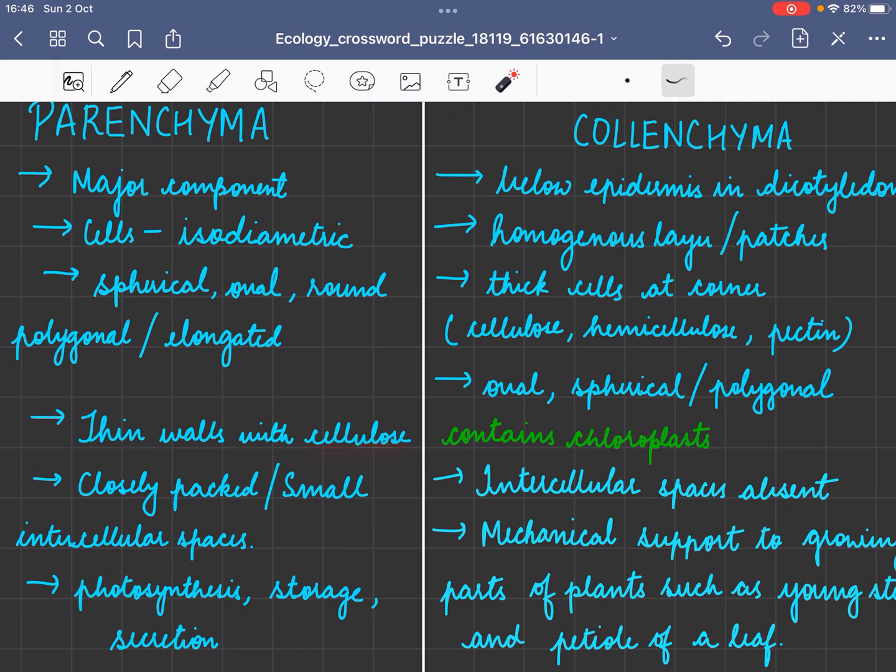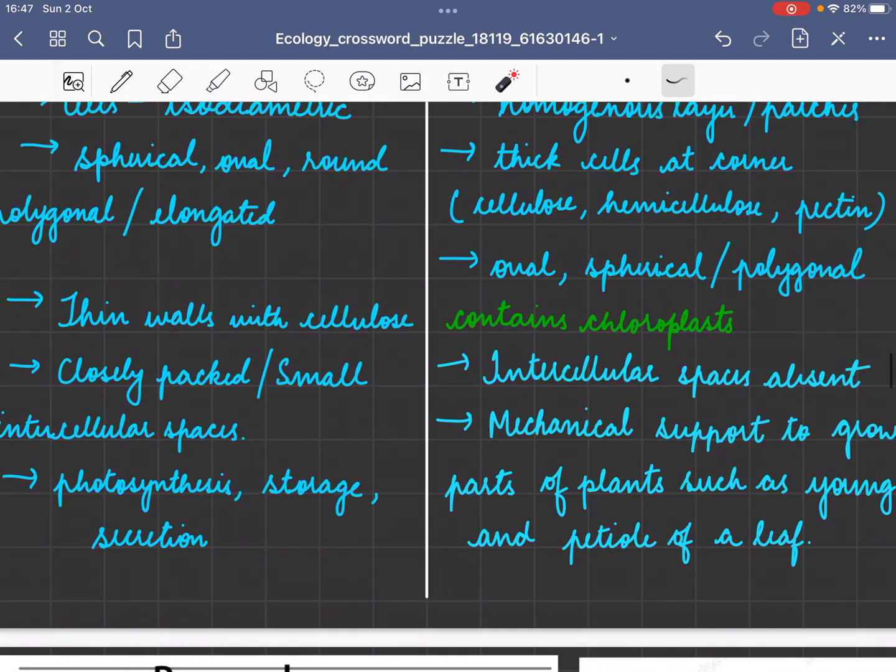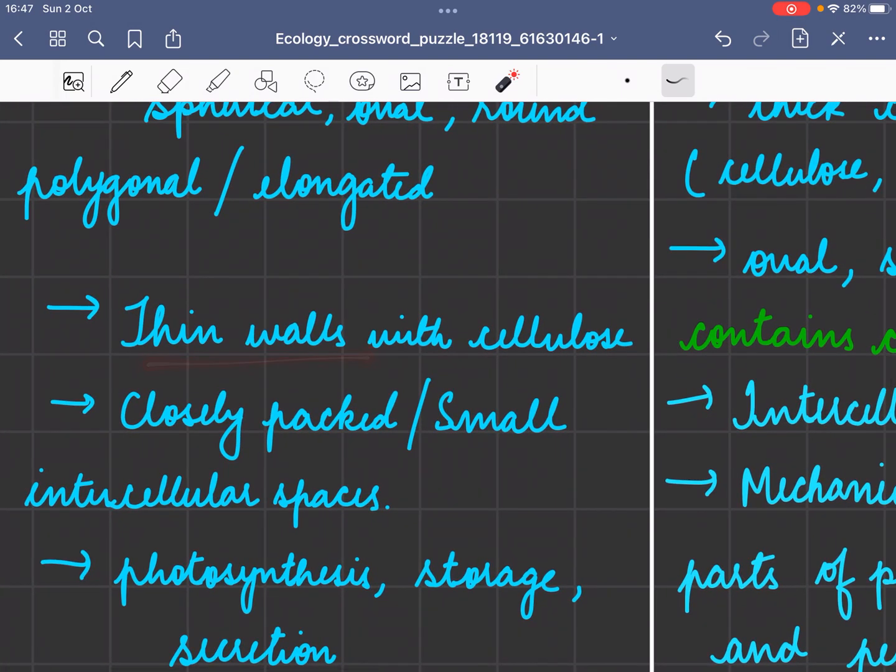These are the important points: you should know it's a major component, the shape of these cells, and that the walls are thin and made of cellulose. They're closely packed, with small intercellular spaces, or sometimes no intercellular spaces. Their main functions are photosynthesis, storage and secretion.